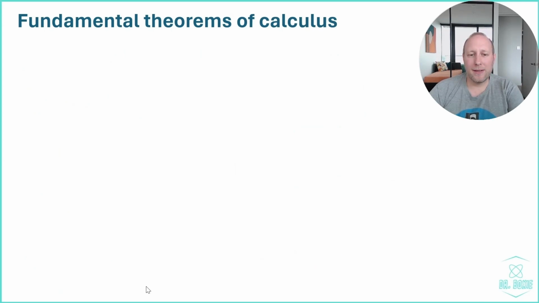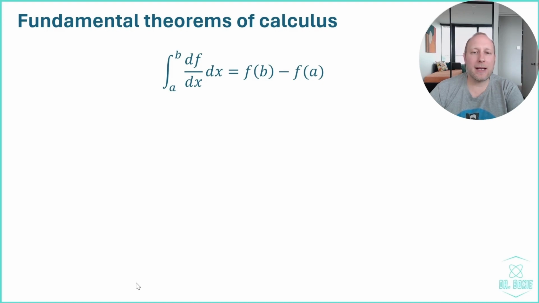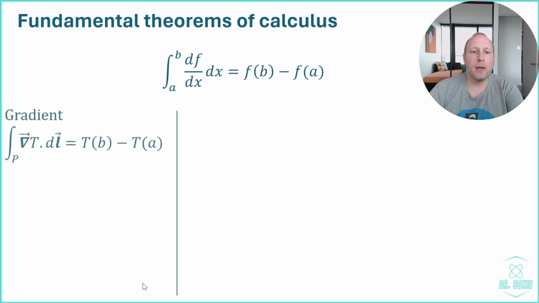To summarize what we did now, look again at the fundamental theorem of calculus for functions of one single variable. It tells us that we can get rid of a derivative if we at the same time get rid of an integral. And what we're left with is the value of the function evaluated at the boundaries of that interval and then subtracted from each other. Well, what we saw are 3 versions of this theorem, or rather 3 generalizations of it.